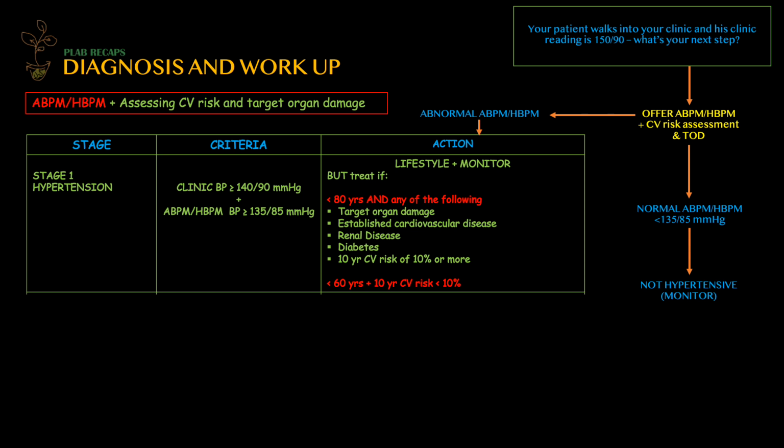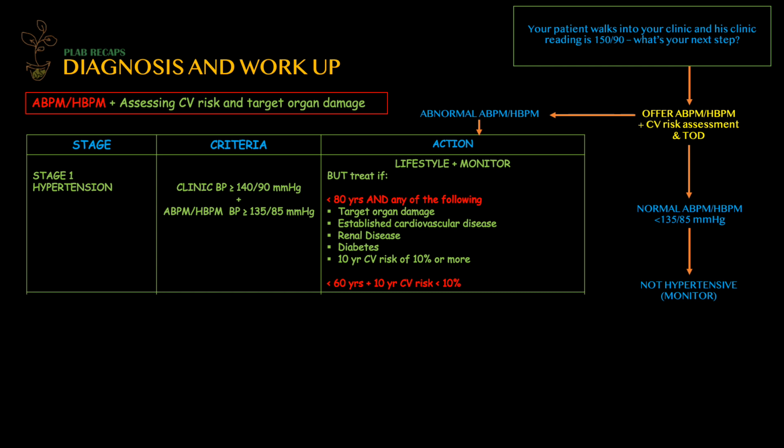However, this is where your assessment for cardiovascular risk and target organ damage plays an important role, because if your patient does have a high cardiovascular risk or any target organ damage, then they may require treatment despite having stage 1 hypertension.